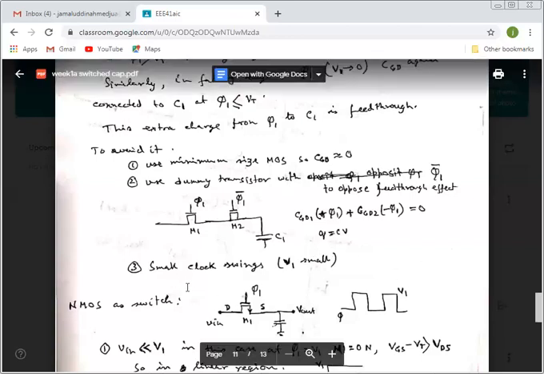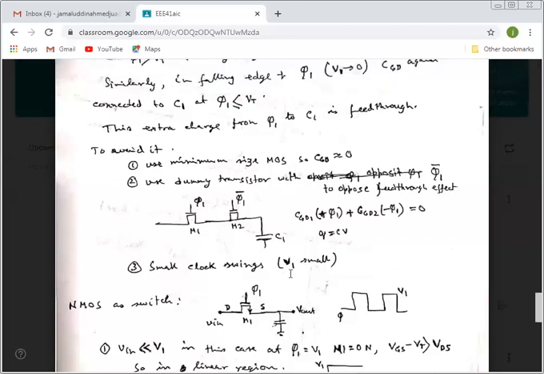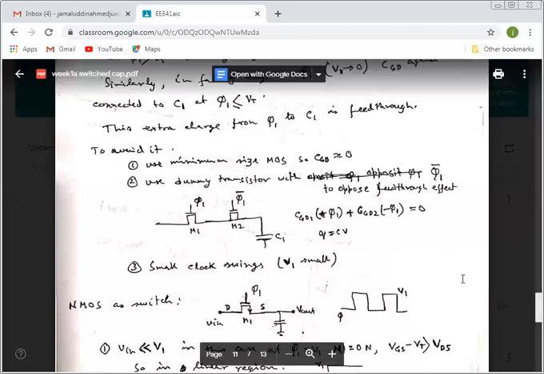Another is small clock swing, which is where V1 is small. So with the smaller voltage we can turn on this one. If V1 is small, then a very small amount of charge will come here, because Q equals CV, which will be very negligible compared to the V in that is being sent here.